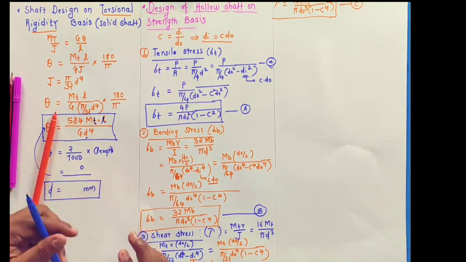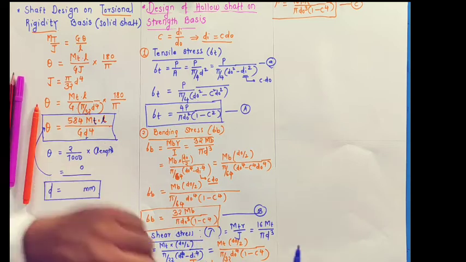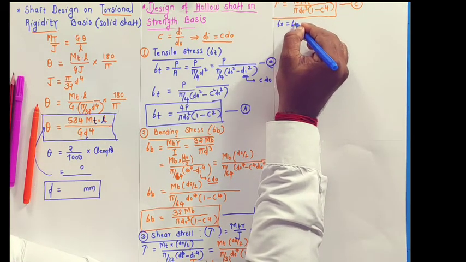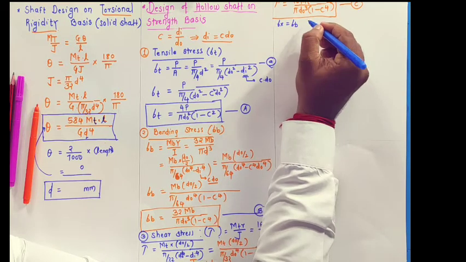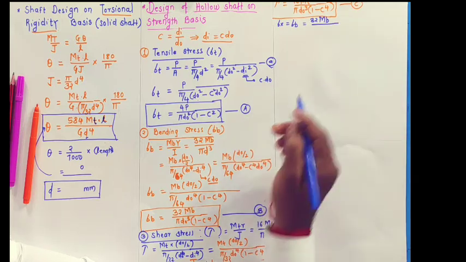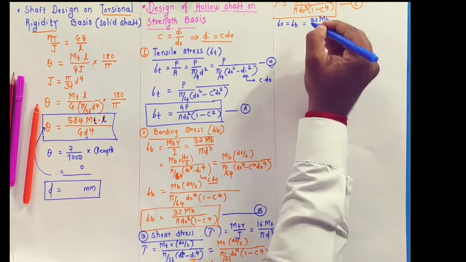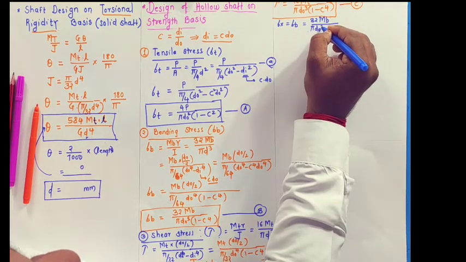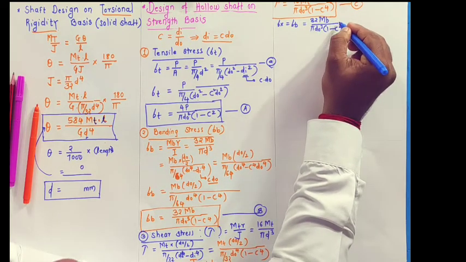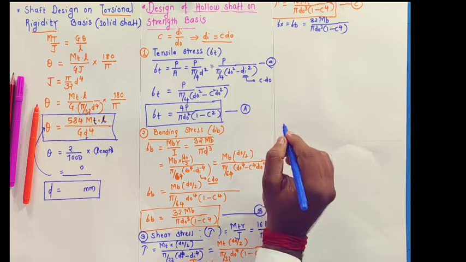Now after that we have to consider the condition. What condition did we take? We took sigma x is equal to sigma b, that is 32 Mb by pi dO cube into 1 minus C raised to 4. So this will be the condition for the bending stress.